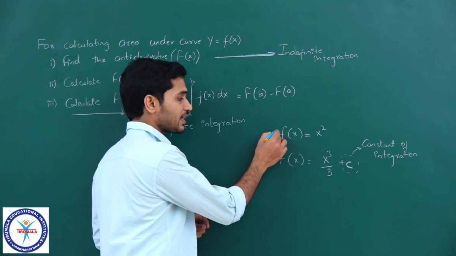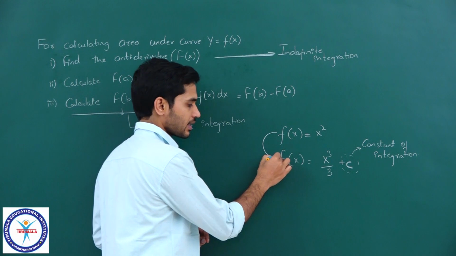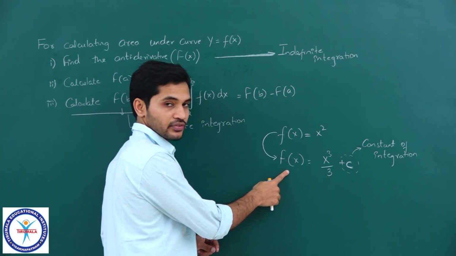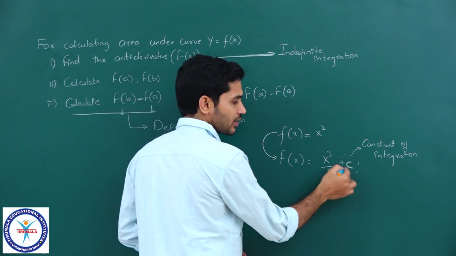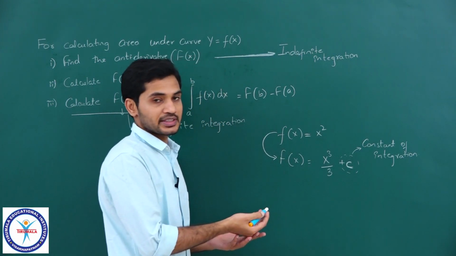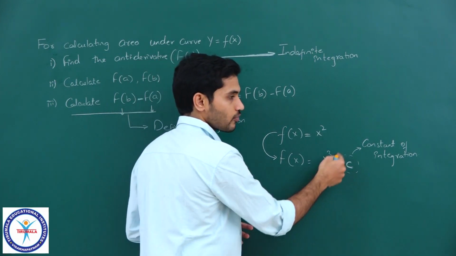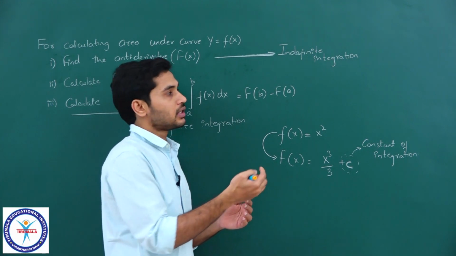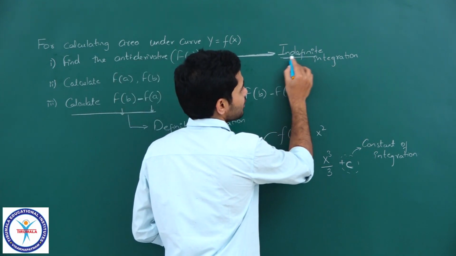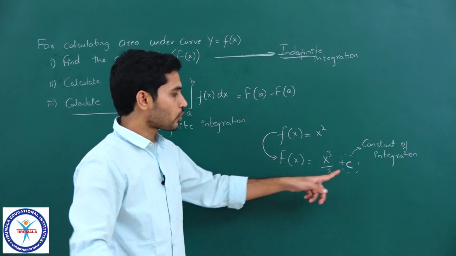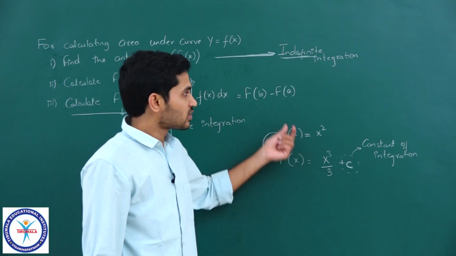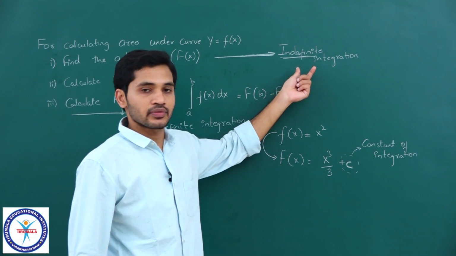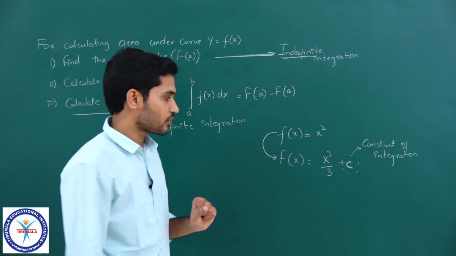So when I am integrating this function to get its antiderivative, I do not know what value should be here, what constant should be present there. I am not sure what this value is. So that not having the surety is what we call as indefinite. Indefinite means that we do not know what that constant is, correct. So that is why we call it as indefinite integration, clear.